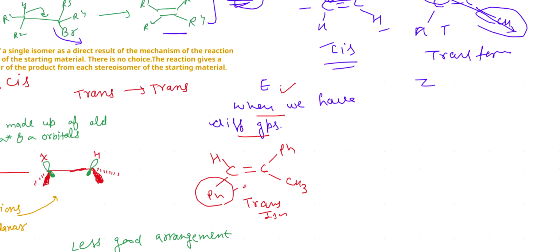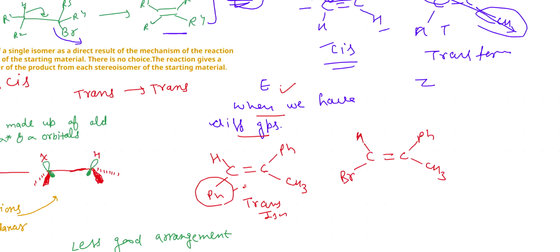There is another example I am taking: C double bond C, Ph, CH3, H, and you can take bromine there. Clear? Okay. So in this case, how will you assign the configuration, whether it is cis or trans?